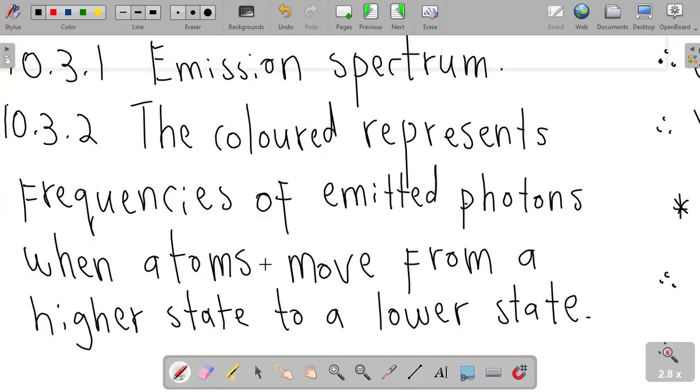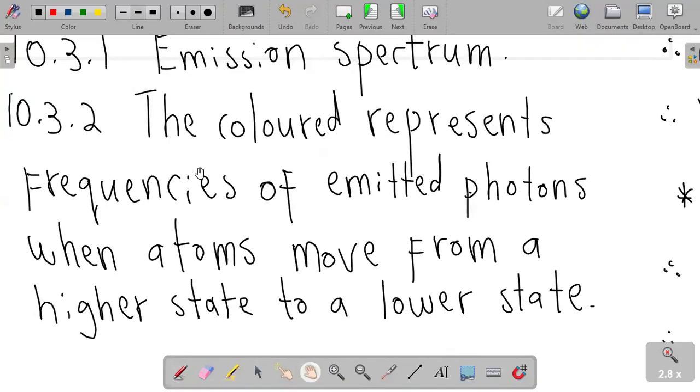So this is what happens. Yeah, that's the explanation here. The different frequencies will produce different colors on the dark screen.